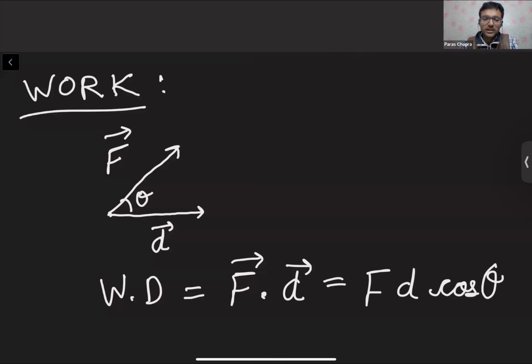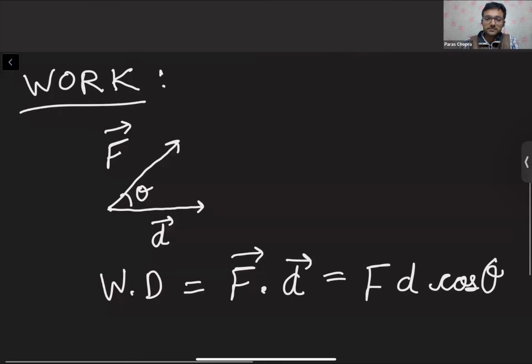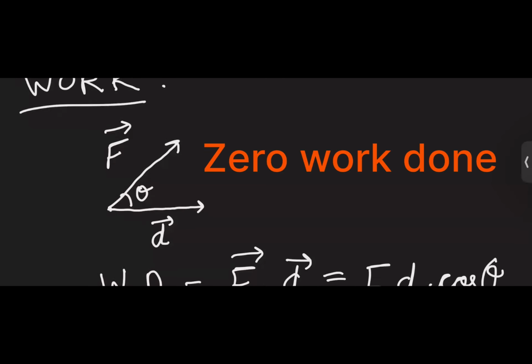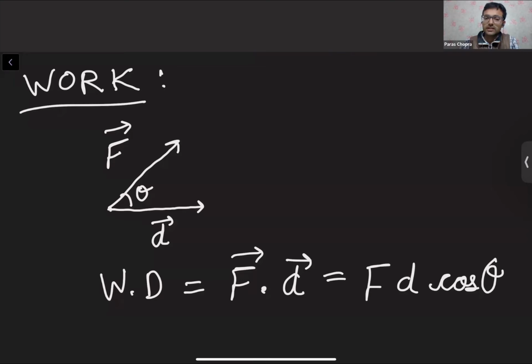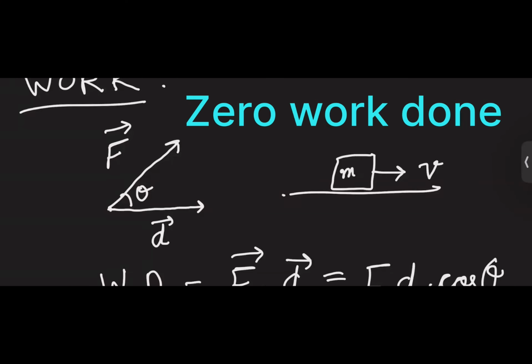Suppose we are pushing against a wall, but the wall is not moving. So what will be the work done? If the displacement itself is 0, then the work done is 0. And suppose a block of mass m is moving in the horizontal direction with speed v. What is the work done by the gravitational force?